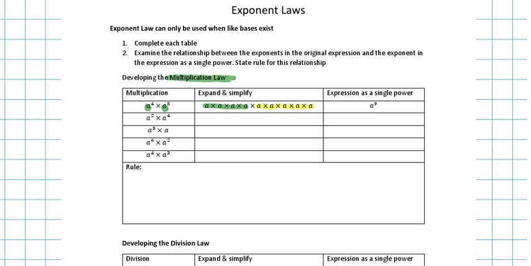Okay? So, if I have a to the power of 2 times a to the power of 4, that's the same thing as writing a times a, that's for the first part. Right? And then multiplied by a times a times a times a, 4 times. So that's a to the power of 6.